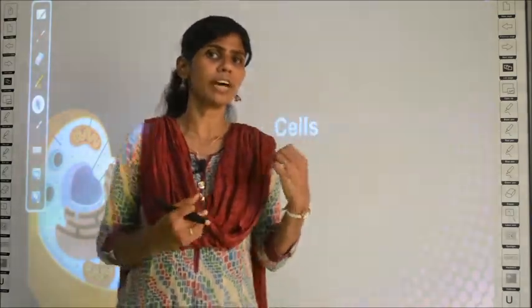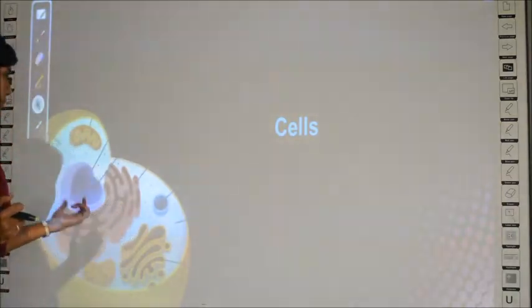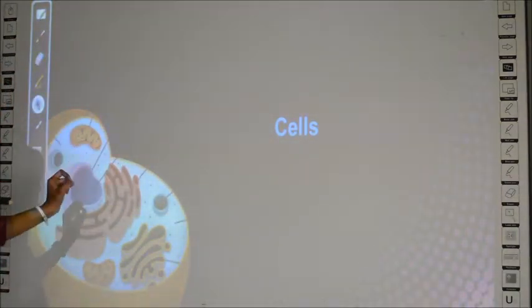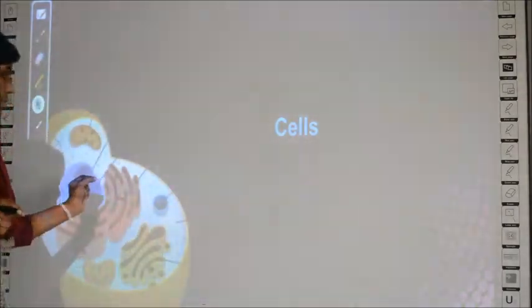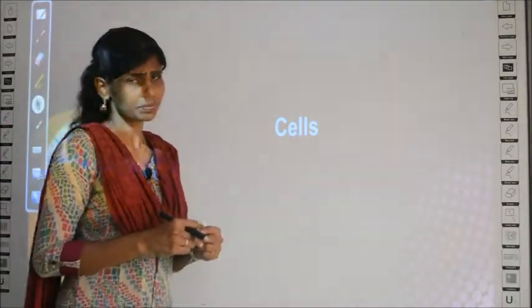Suppose I give you a structure like this, this is a cell. You should know how to label the parts of the cell. This is going to help you lifelong, even in your competitive exams in the future.